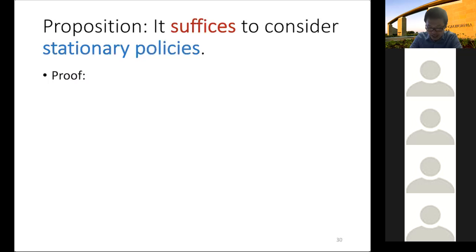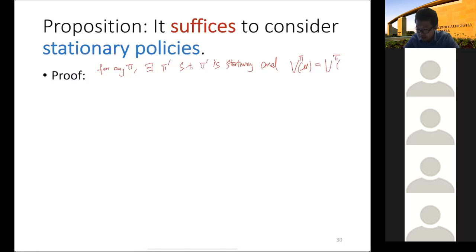Let's say that for any policy pi, there exists a policy pi prime such that pi prime is stationary, and the value function of pi when the initial state distribution is mu is the same as that of pi prime.